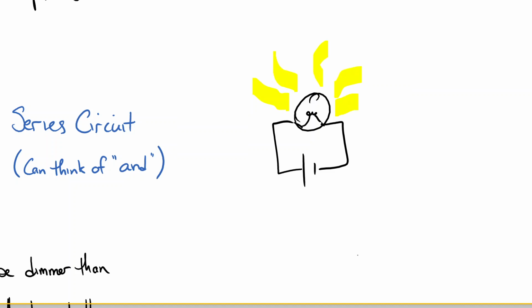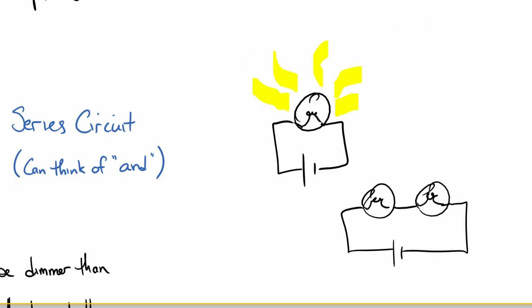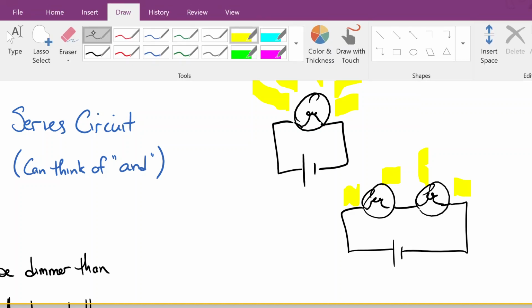Whereas if I made a 2 bulb circuit, like this, where the bulbs are, again, in series, these are going to be significantly dimmer. There are fewer and smaller squiggles, so they're dimmer. It's definitely how squiggles work.